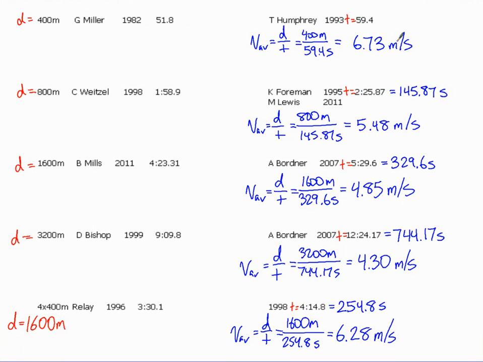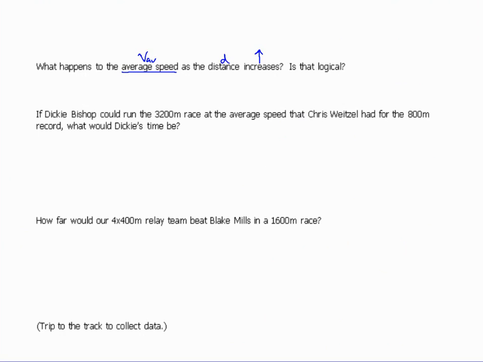Look at the average velocities. Shorter distance, 6.73. Longer distance, 5.48. Longer distance, 4.85. Longer distance, 4.30. What happens to the average speed as the distance increases? It decreases.